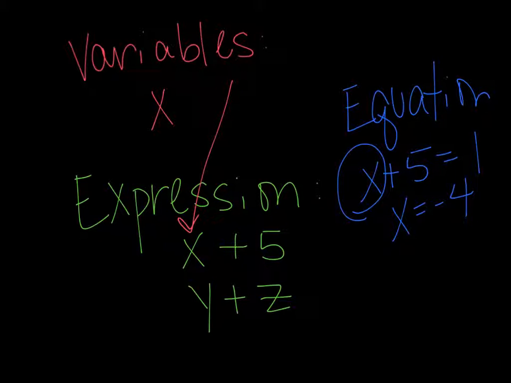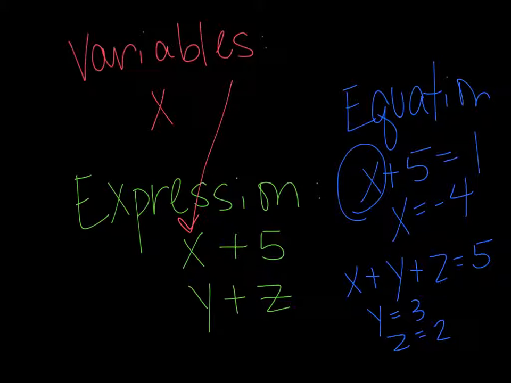Another example of an equation would be if you had X plus Y plus Z equals 5. If I said let Y be 3 and let Z be 2, then you would say X plus 3 plus 2 equals 5.